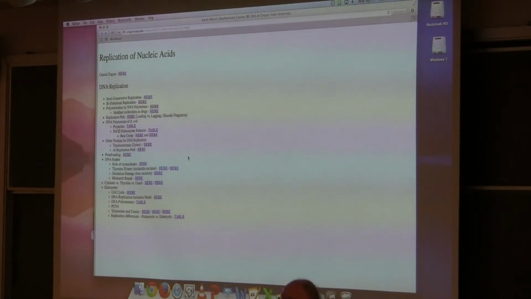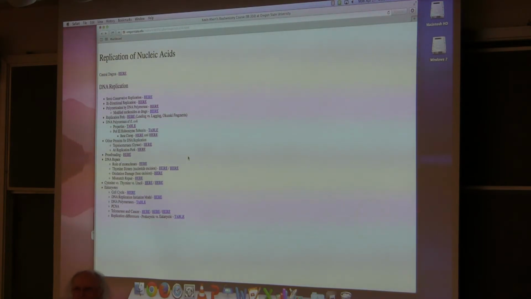By the way, proofreading is really important for a polymerase. With proofreading, you improve the accuracy of a polymerase by between about 100-fold and 1,000-fold, meaning it's that much more accurate. I told you that E. coli's replication system made about one error in every 10 million bases.